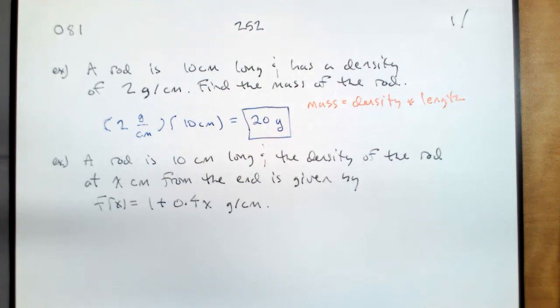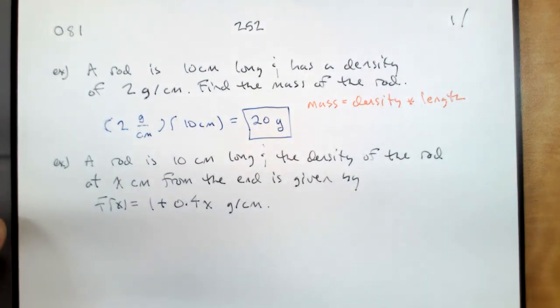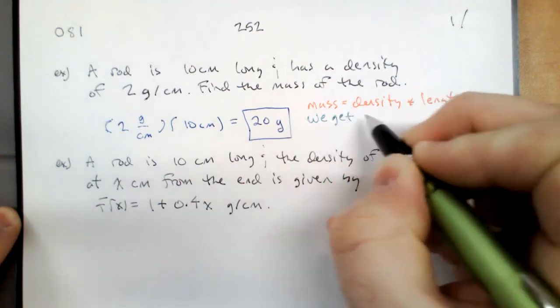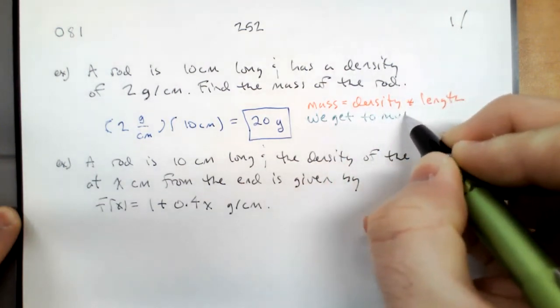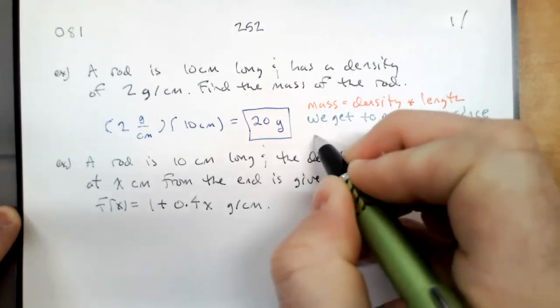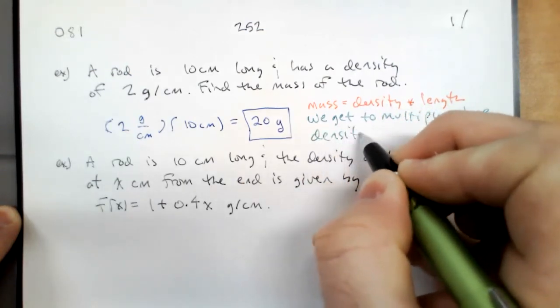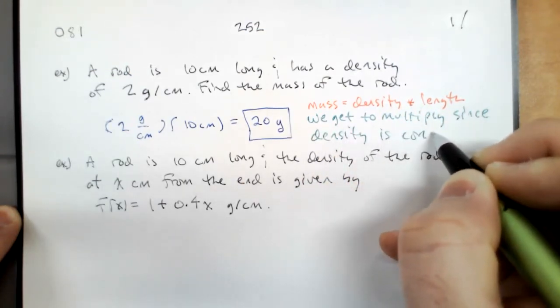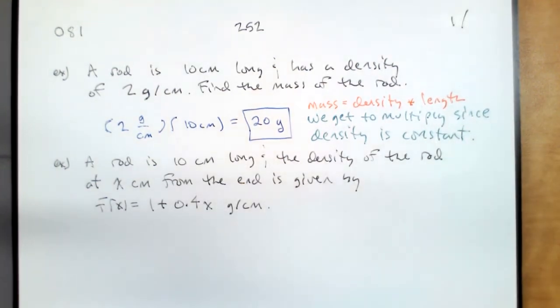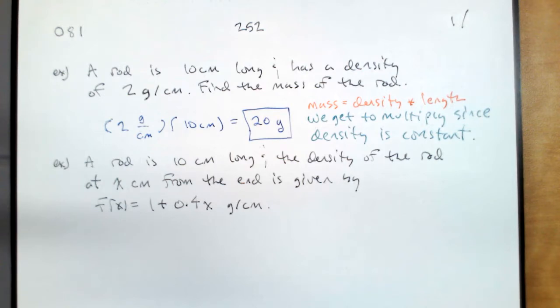In particular, the density was constant throughout the entire length. We get to multiply because the density was constant.